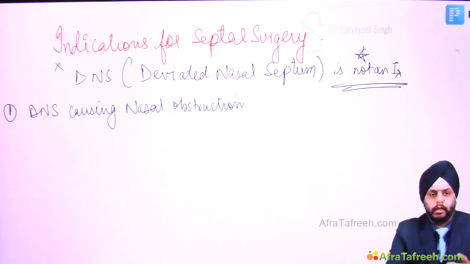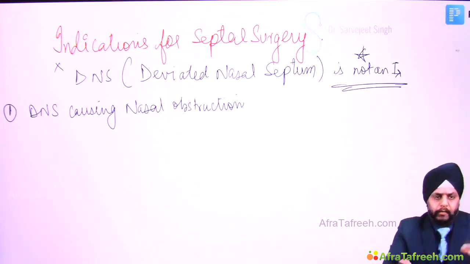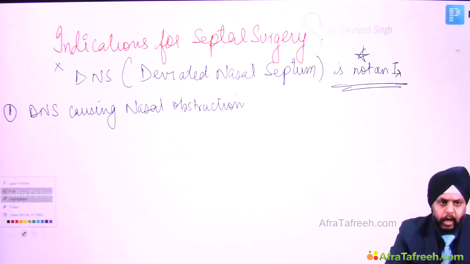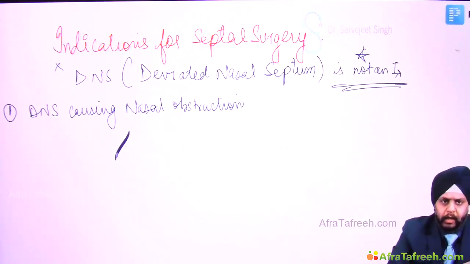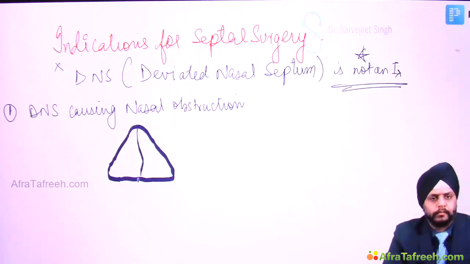You see, if we have a plain DNS, let's draw a diagram and try to understand this concept. Now, if we have a nasal cavity, and in this nasal cavity, let's say we have a DNS over here like this.